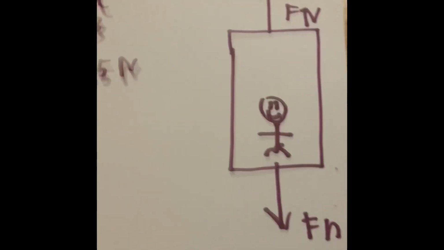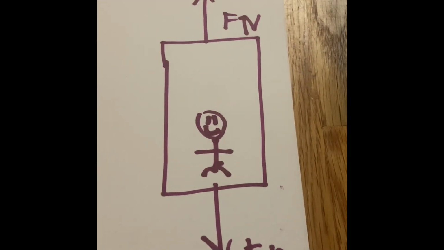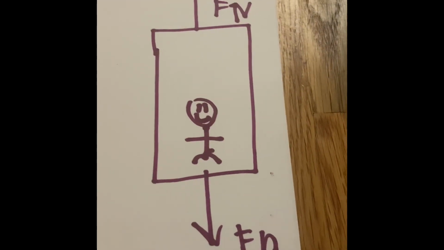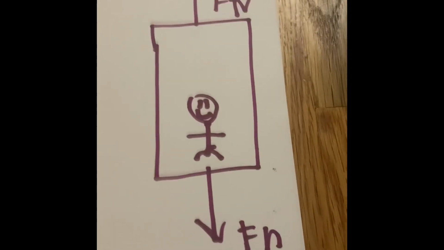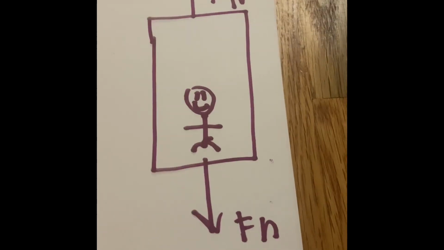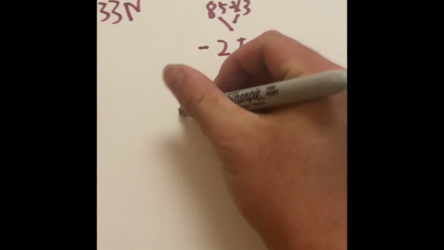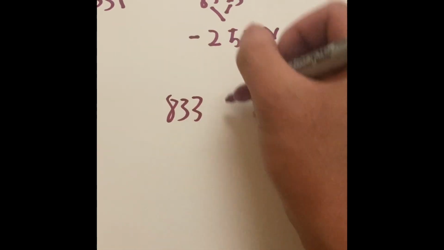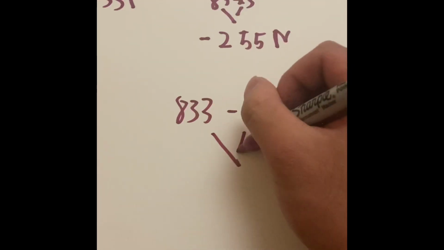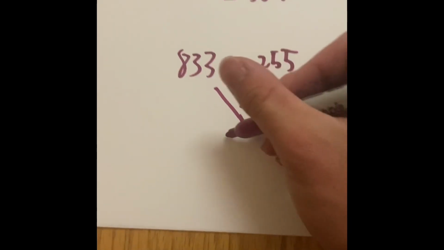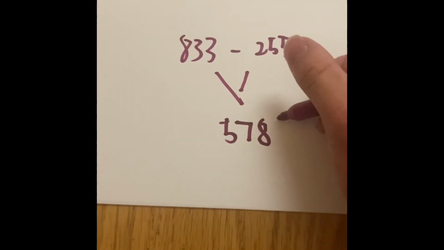But when the elevator reaches a constant velocity, the elevator will go back to normal. The net force is going to be 0, and he'll go back to 833 newtons. So 833 subtracted by 255 would give us an answer of 578 newtons.